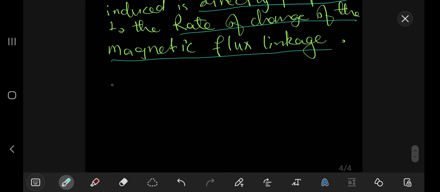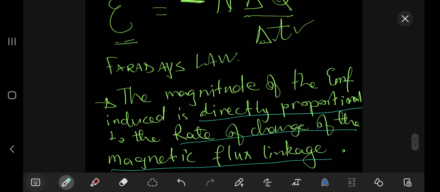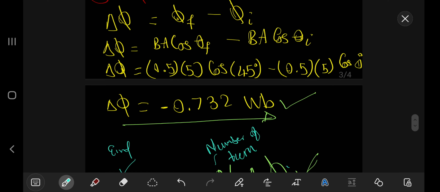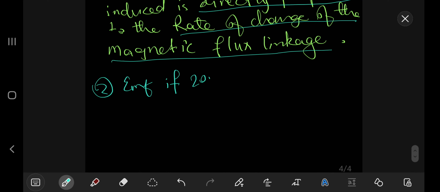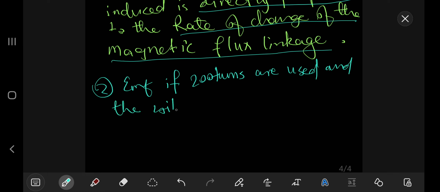Number two, calculate the EMF if 200 turns are used, and the coil was rotated in 0.2 seconds.